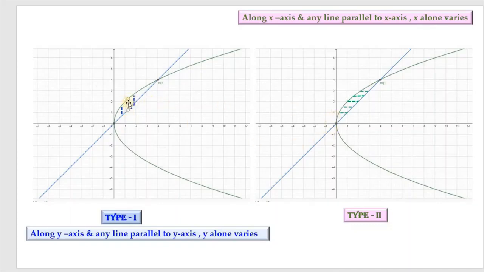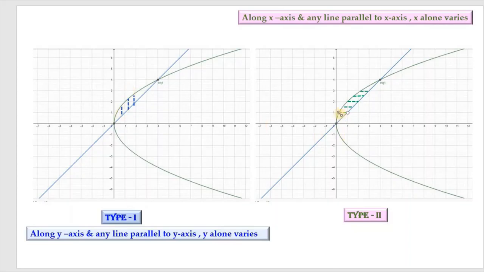And here it is for changing the order of integration, from type 1 to type 2. So to go from this to that, what should I do? What was drawn parallel to the y-axis has to be drawn parallel to the x-axis. Right. So now here the initial point will be a point on the curve and the end point on the line. Remember, when you do like this, it goes from left to right, and here bottom to top.